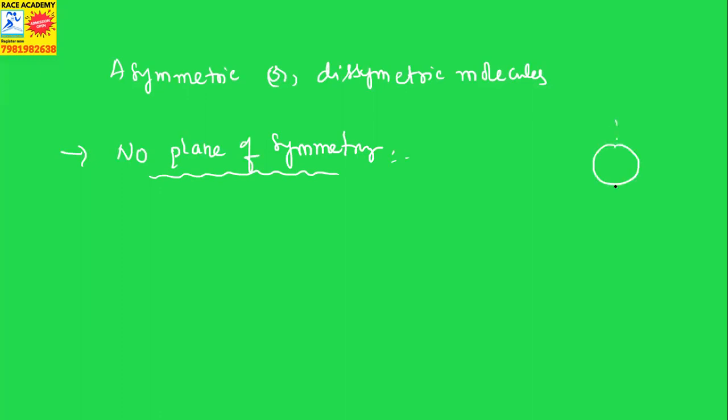If you divide it like this, this is a plane of symmetry. A plane of symmetry is a plane which divides the object in such a way that the part on one side of the plane is the mirror image of the other side. For example, here we have a ball, and for this the mirror image is the same.